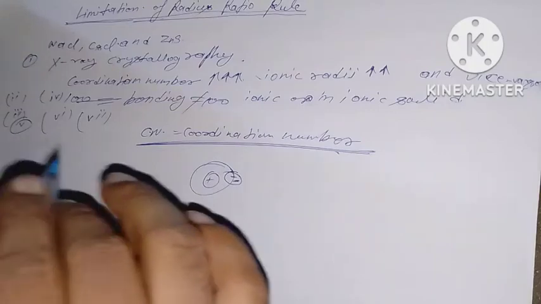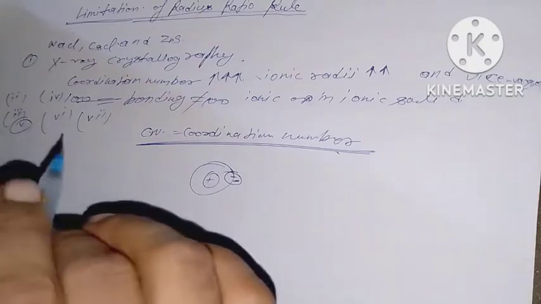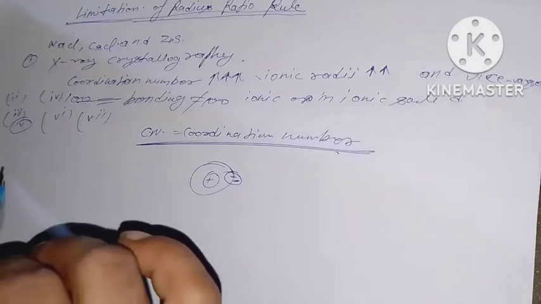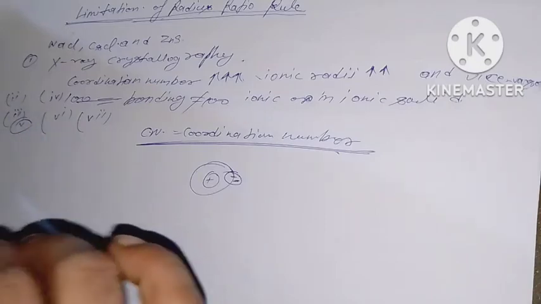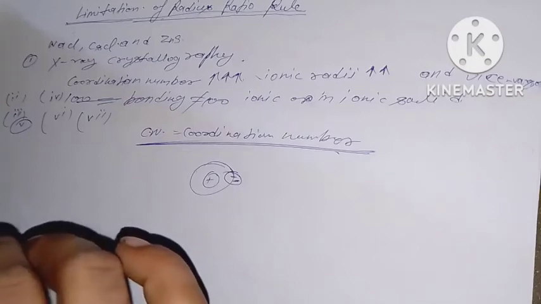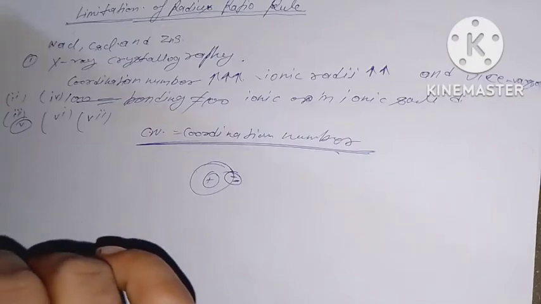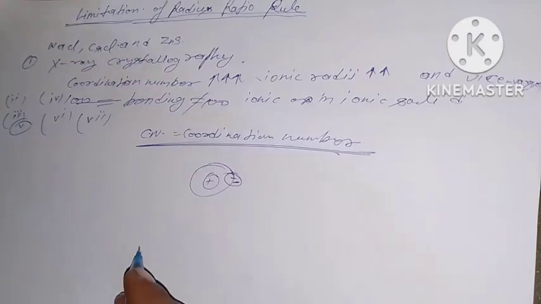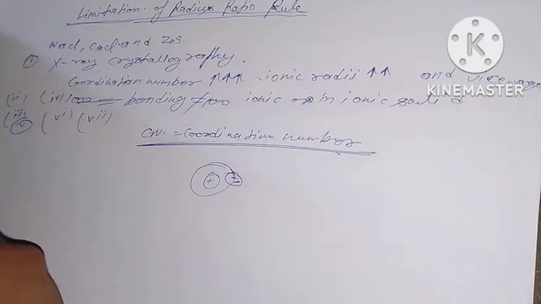The number of ions of opposite charge surrounding an ion in the ionic solid is called coordination number. It is denoted by CN. How to define the CN?